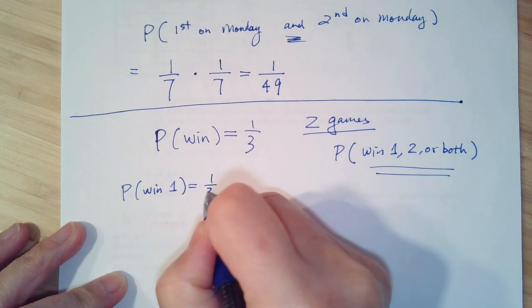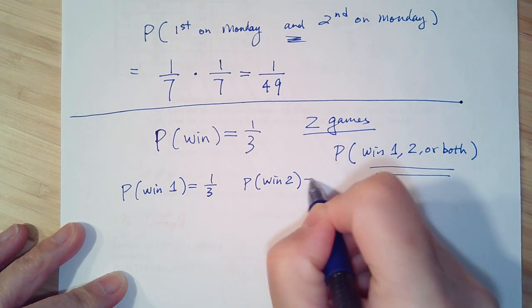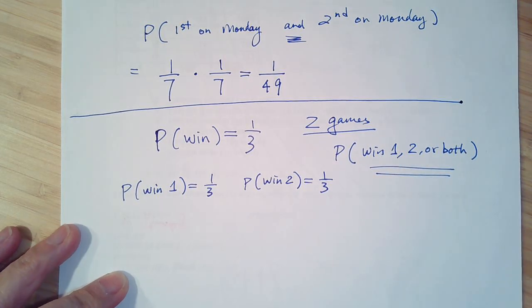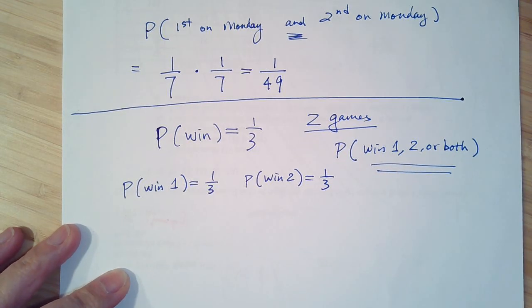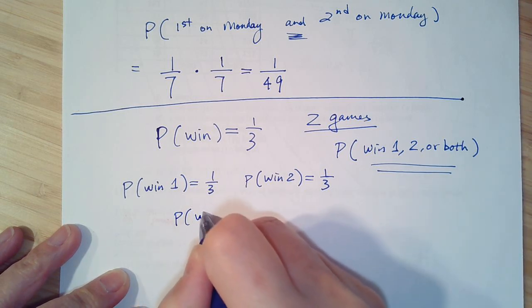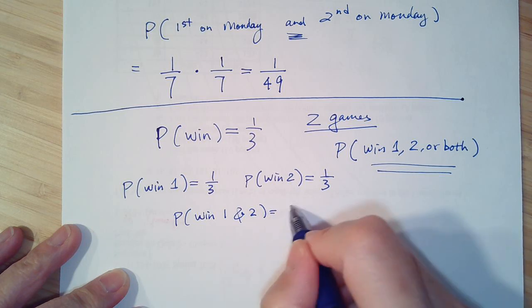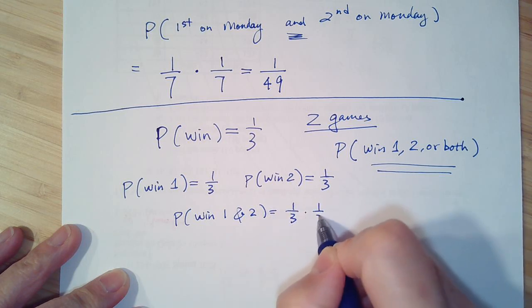The probability to win game 2 is also 1/3. They're independent of each other. And what is the probability that you're going to win both? The probability that you win 1 and 2 will be 1/3 times 1/3, which is 1/9.